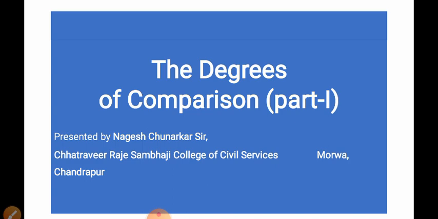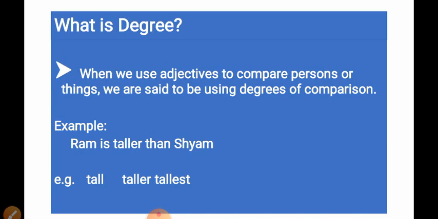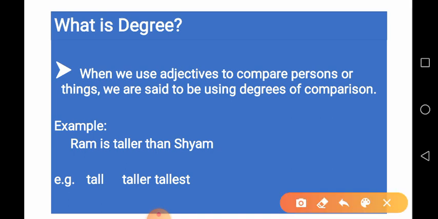Yes. Here, let us learn first what is degree. When we use adjectives to compare persons or things, we are said to be using degrees of comparison. Here, remember one thing, that is comparing.